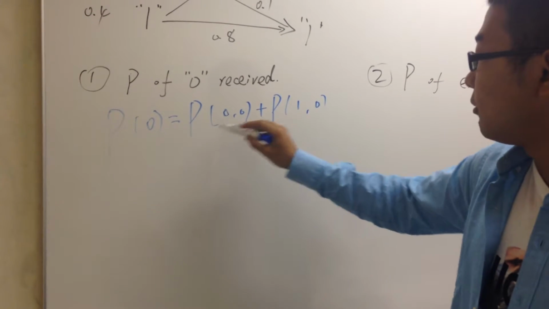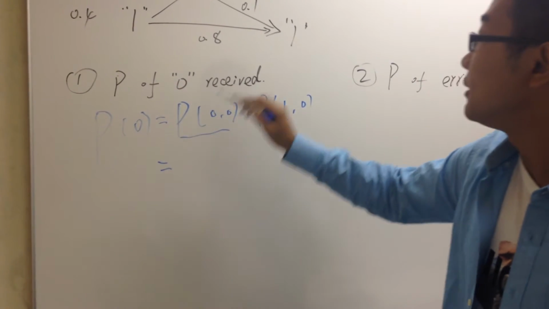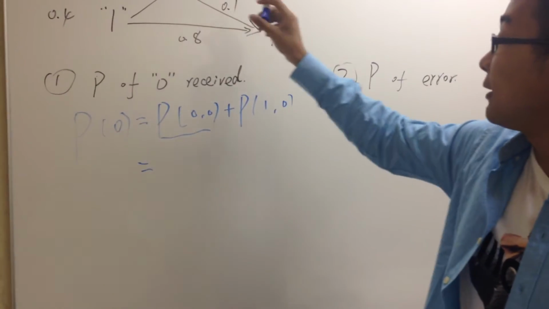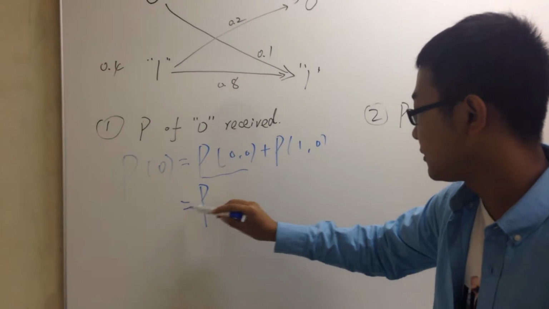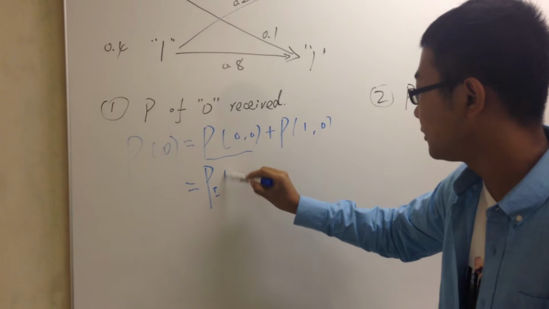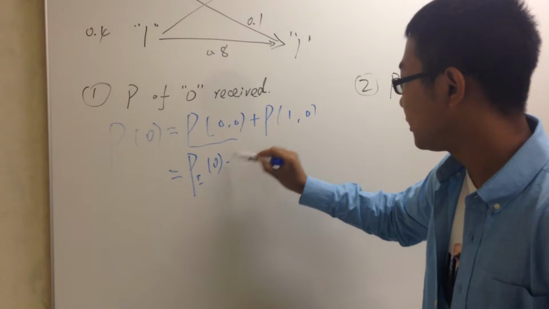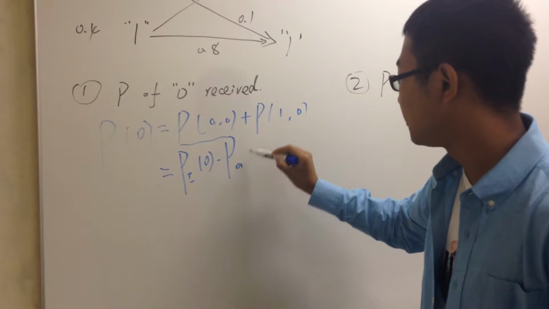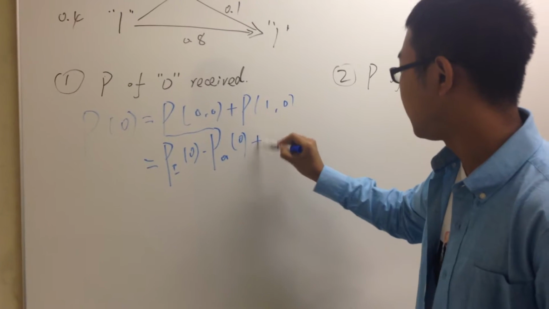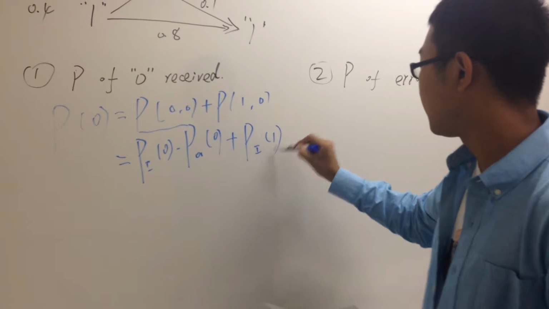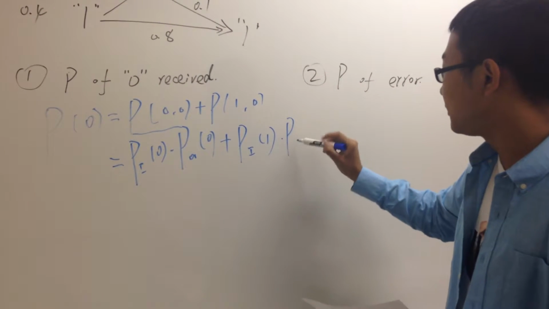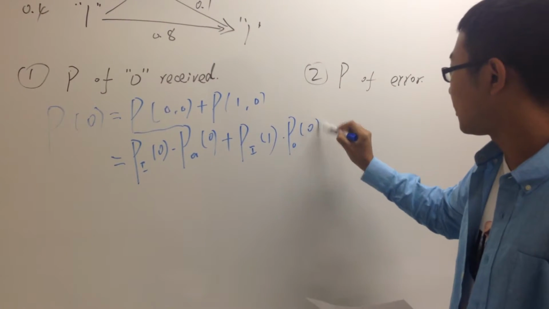And what is this? Because the input and output are independent, we can write it as probability of input 0 multiplied by probability of output 0, plus probability of input 1 multiplied by probability of output 0.